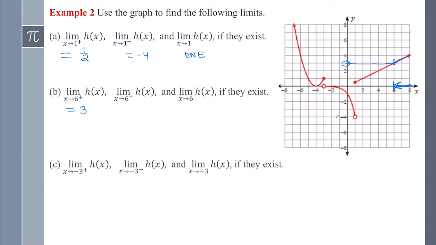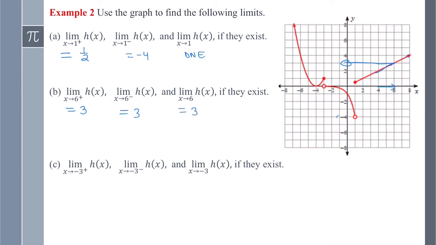And when x approaches 6 from the left, the function is approaching this value, which is 3. So as x approaches 6 from left and right, both values are the same. That means the limit of h of x as x approaches 6 equals 3. It exists and is 3.